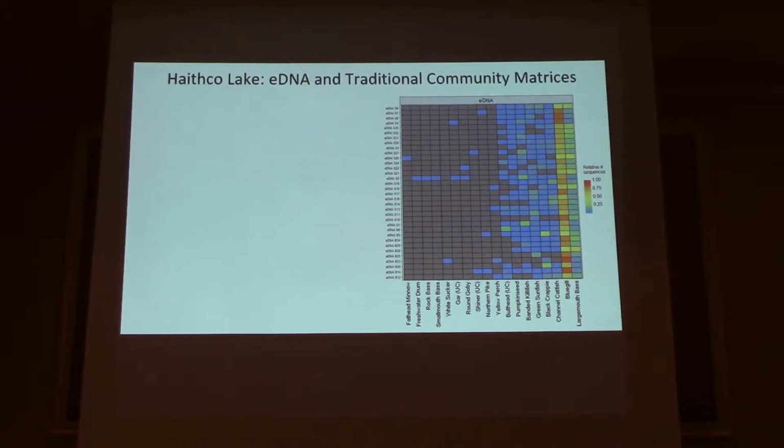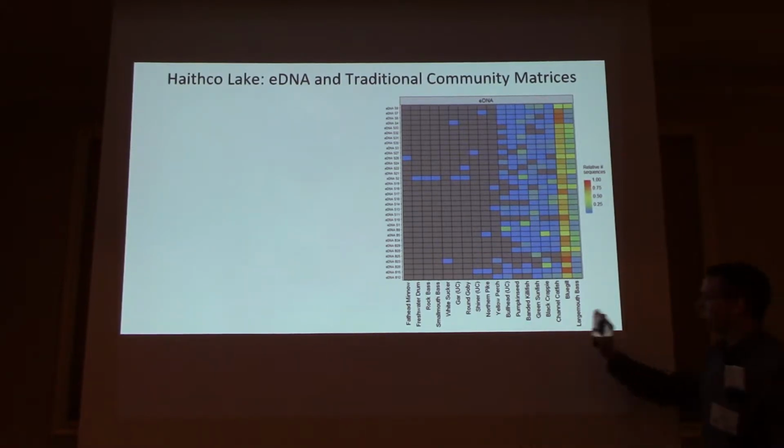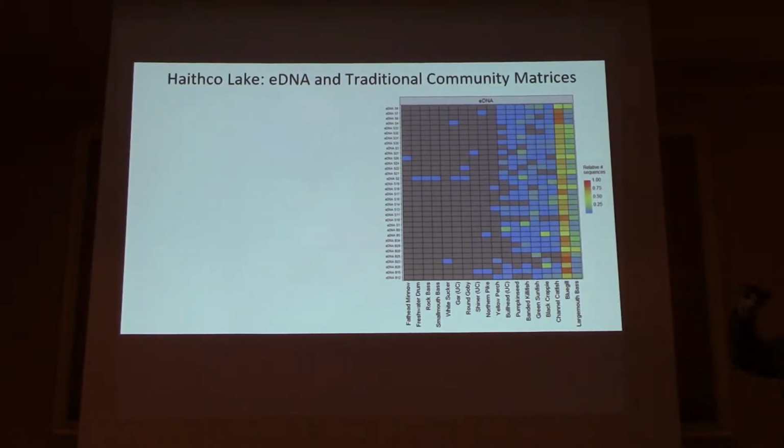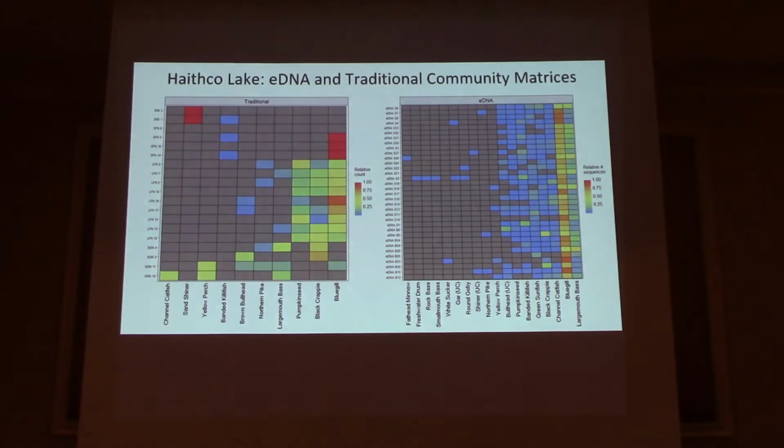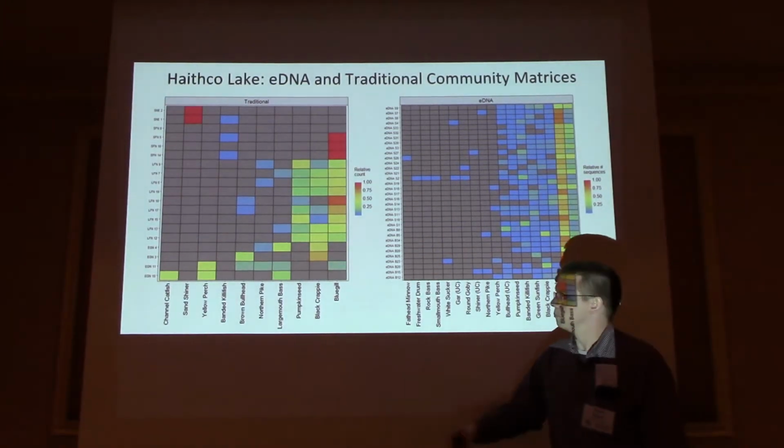So this is a community matrix that I created for one of the lakes we sampled, and they're all very similar. So columns are species, rows are sampling efforts, and the color there represents the relative number of sequences allocated to a given species, with the gray cells being species we didn't observe in a specific sample. And this is a community matrix based on traditional gear sampling.